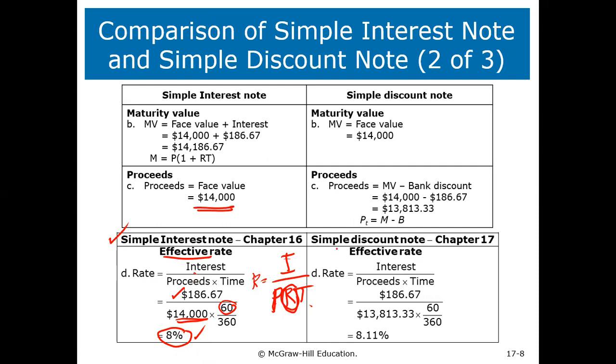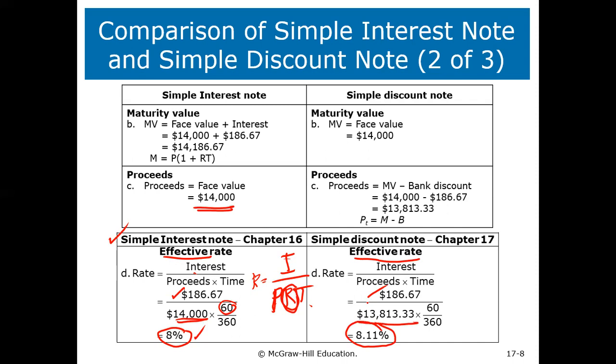On the other hand, for a simple discount, the effective rate will be higher. Why? The interest is the same, 186.67, but what we get now is only 13,813.33, right? Multiplied by 60 over 360, the effective interest rate is 8.11%.